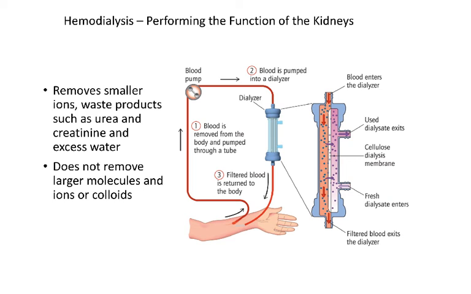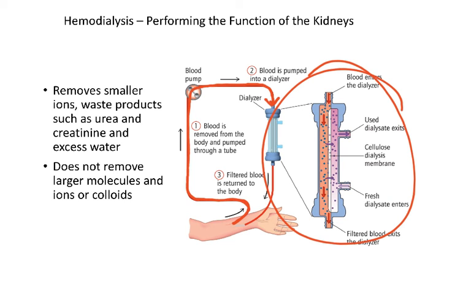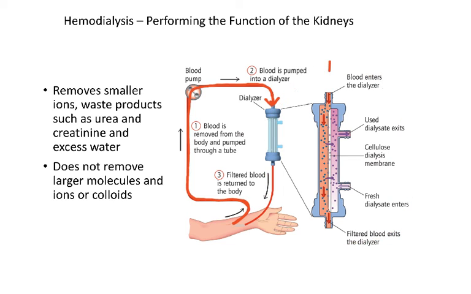And so you have your patient come in and blood is removed from the body, pumped through a tube and pumped into a dialyzer, right? Which is now, here's a zoom in of that. So the dialyzer here has blood entering in it, and it's going to have all sorts of typical blood components.